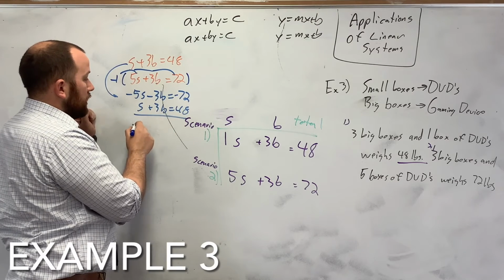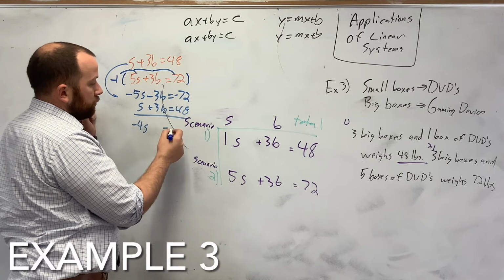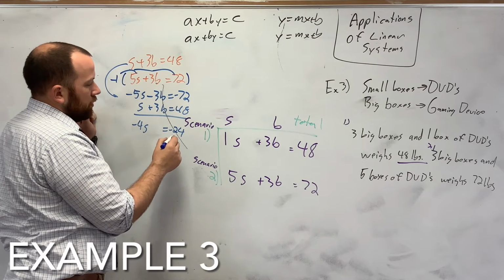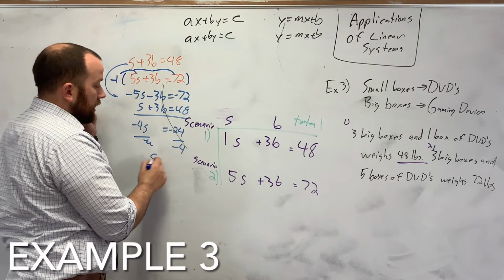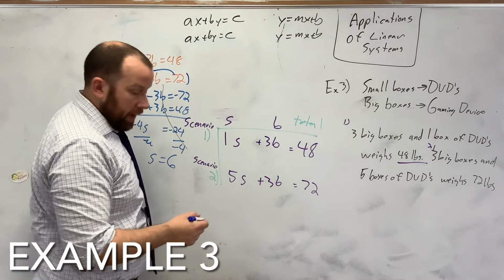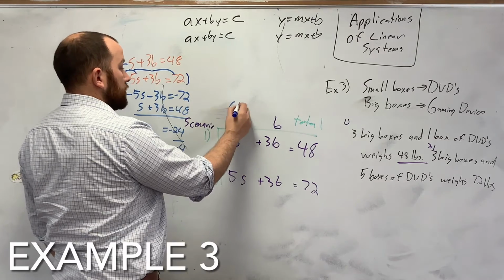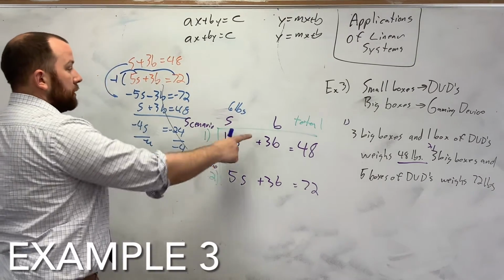So it gives me negative 4S equals negative 24. Yeah, 24 divided by -4, divided by -4. S equals 6. So every small box equals 6 pounds.